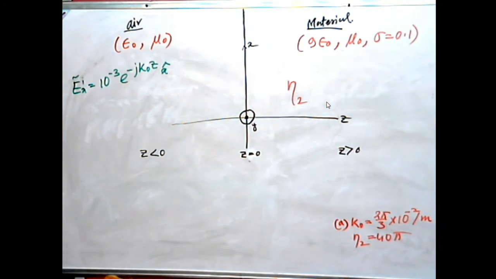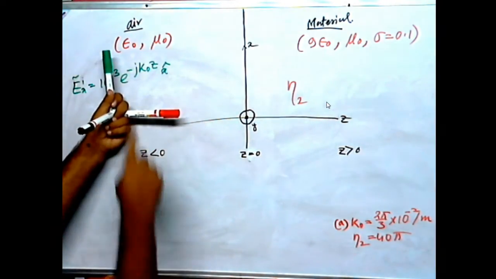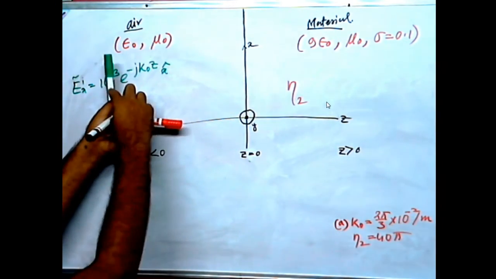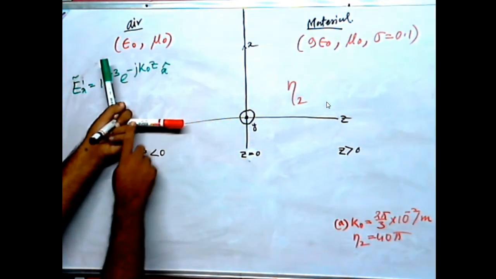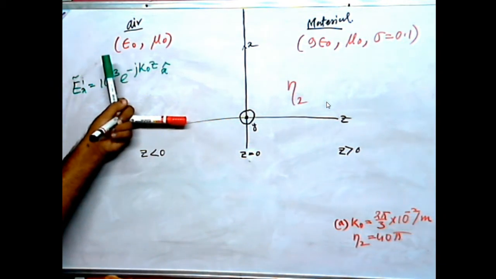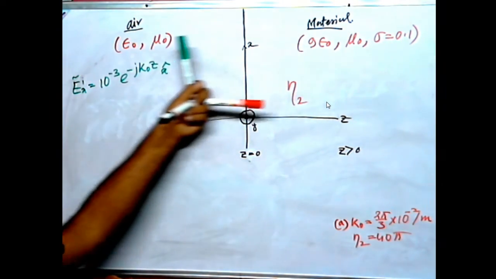Now you can see the electromagnetic wave is coming this way. This green pointer is the direction of the electric field, this is the direction of wave propagation, and this is the direction of the magnetic field in the y direction. So it is incident normally on this surface.